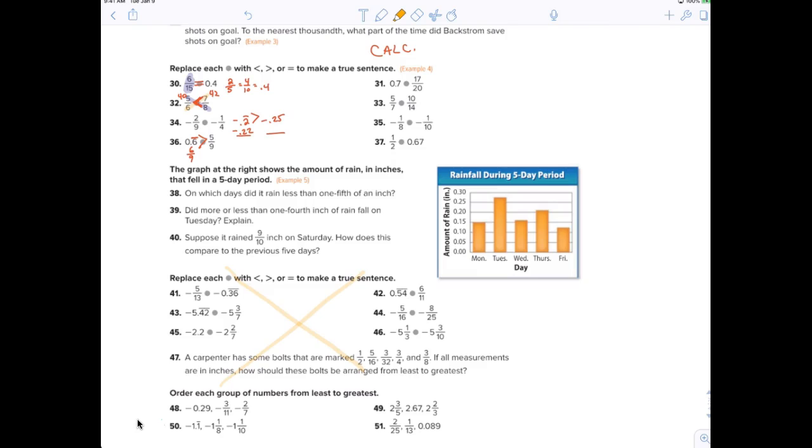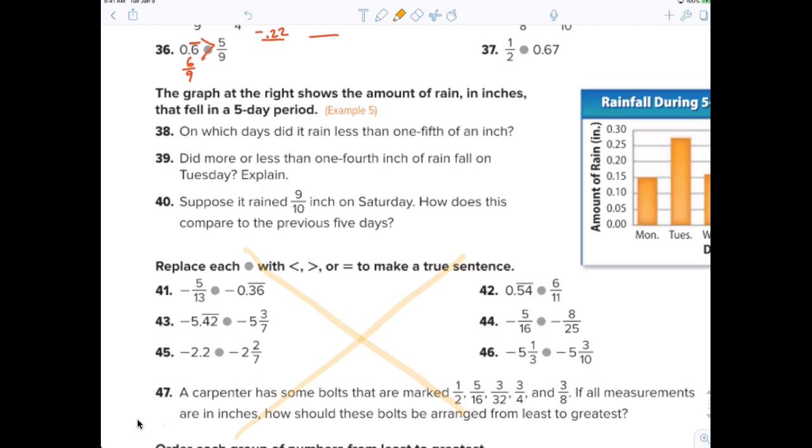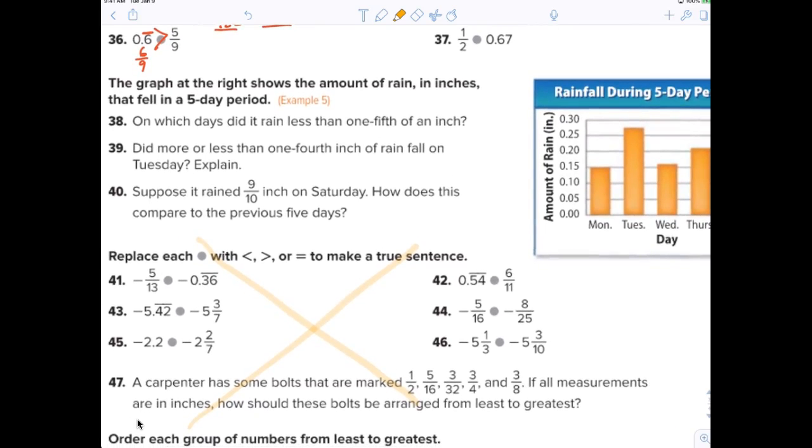Gotcha. So we should go from 40 to 48. No, right now I'm going to do 38 with you. Yeah, you don't have to write down 41 through 47. That's correct. Thank you.